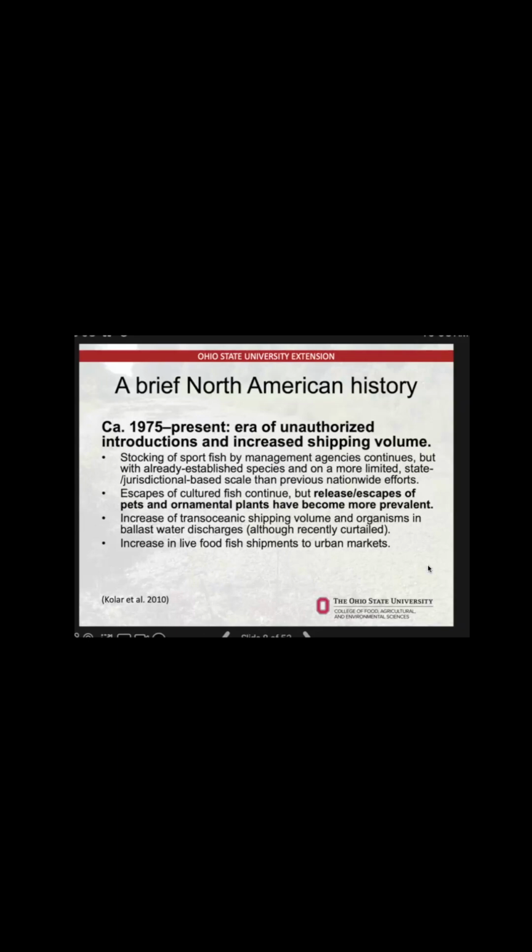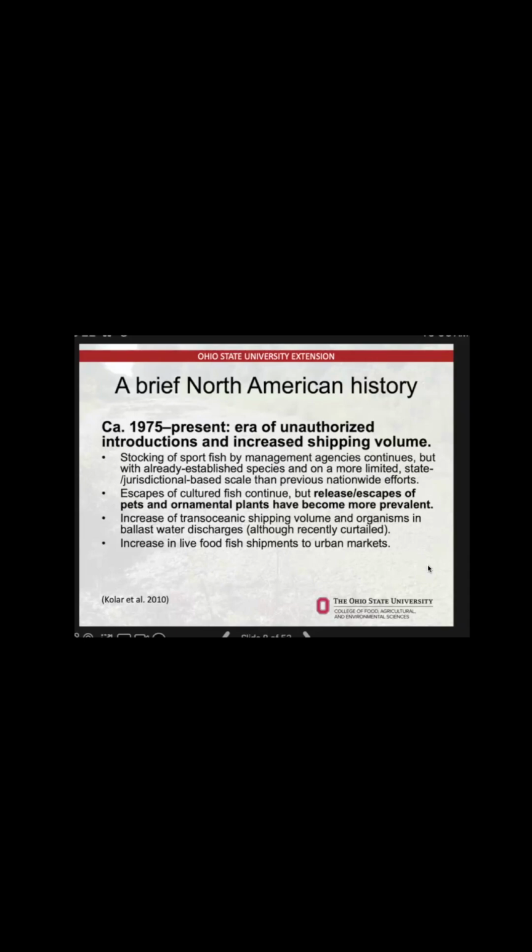It tends to be much more localized, usually by state or province, but often even more local, sometimes by municipalities, for example. We tend to think much better about the cost and benefit analyses associated with such introductions. So yeah, we still do some introductions, but they're usually better thought out than they were in the distant past.